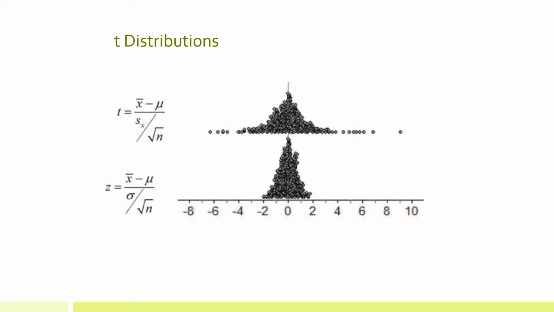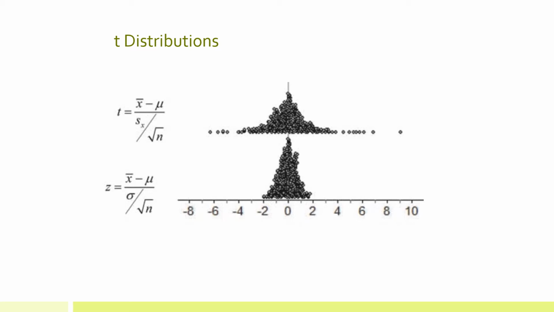His statistical work helped him become head brewer at Guinness, and he published under the pen name Student, because Guinness didn't want everyone to know their secret for how they were selecting these things. So it was often called Student's T distribution in his honor. So that's where the T distribution came from. It really came about from finding better barley and hops for beer, which is interesting.